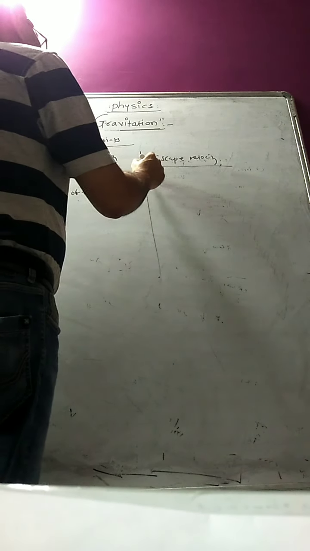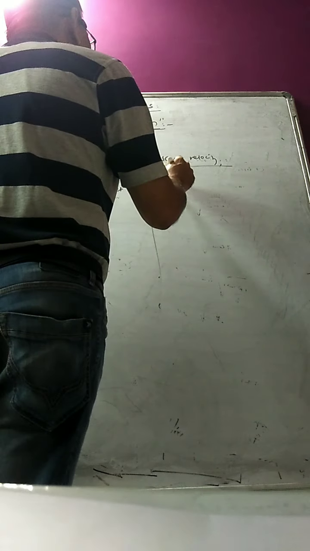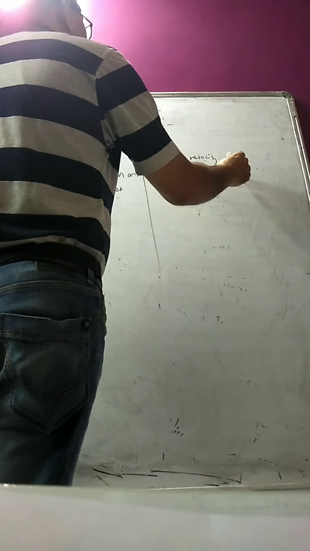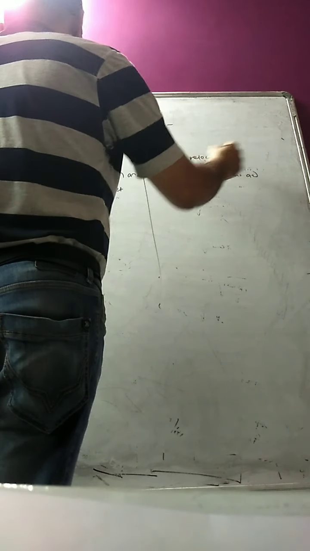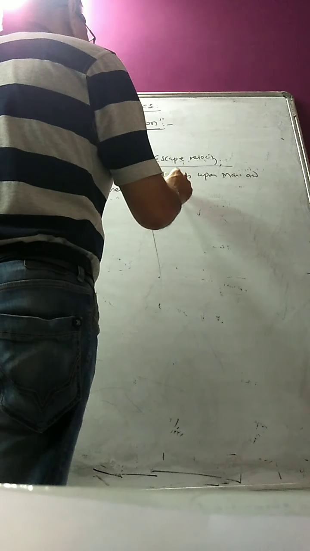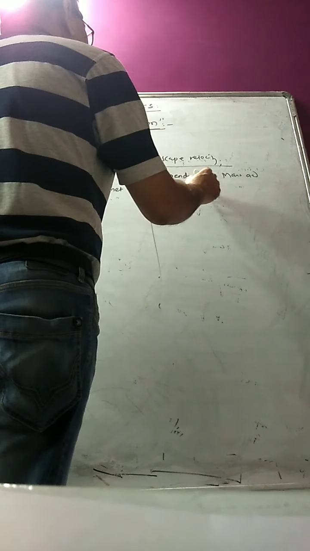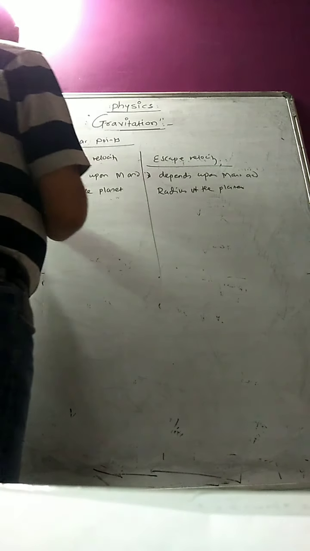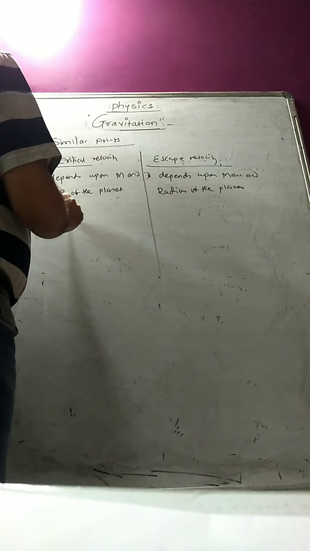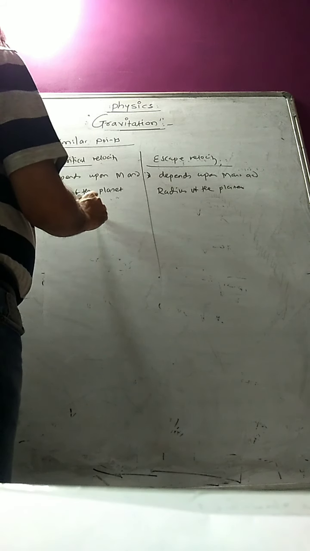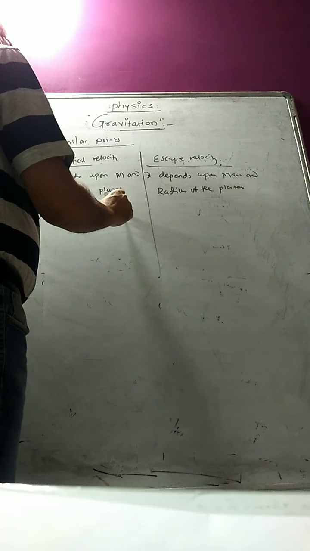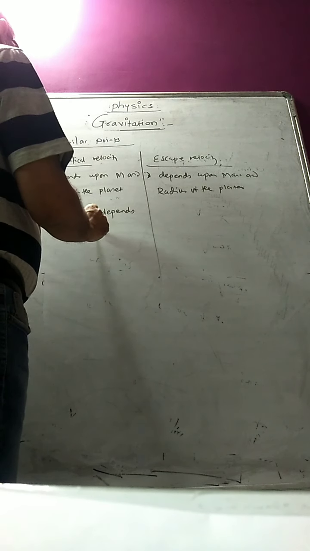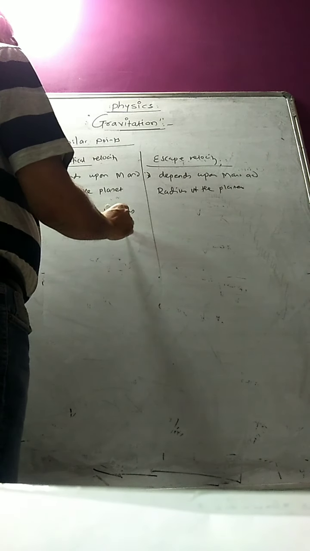Here also escape velocity depends upon the mass and radius of the planet. Okay, it does not depend upon the mass of the satellite.